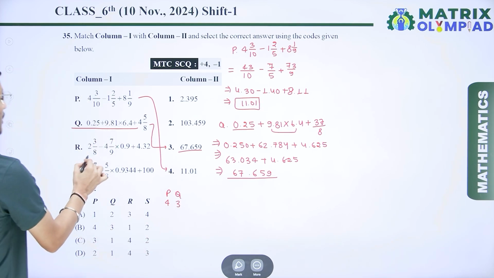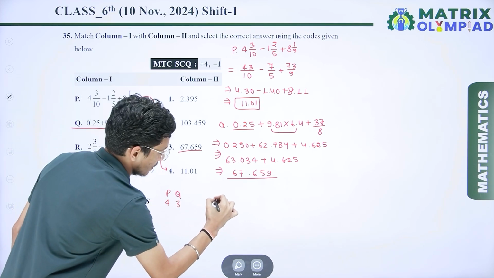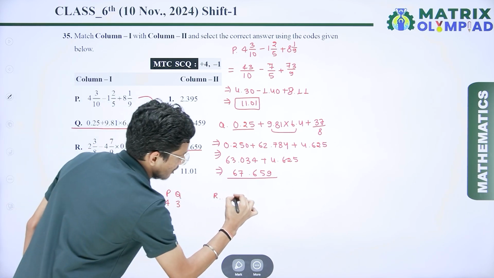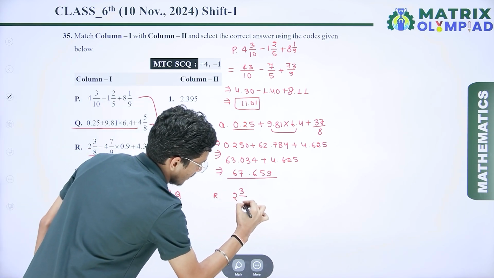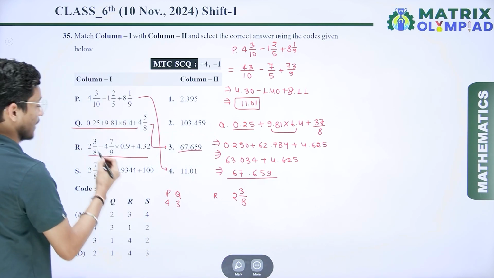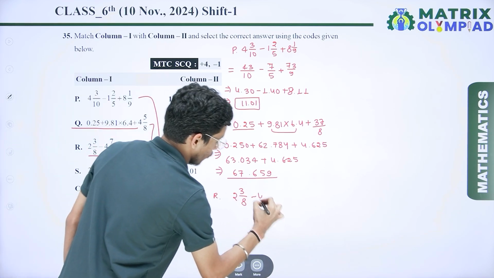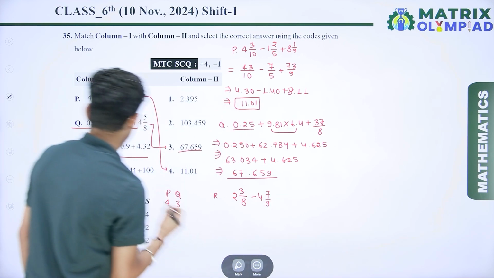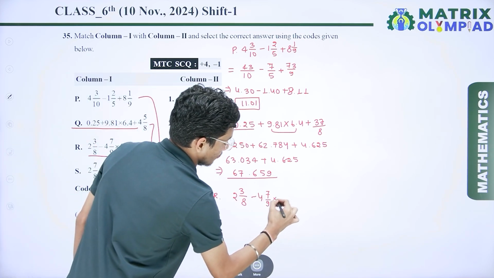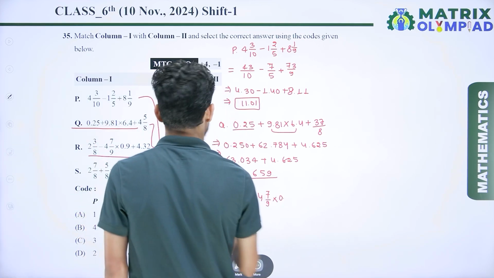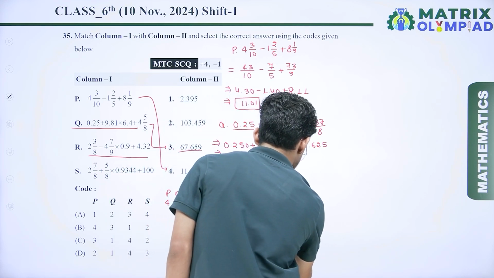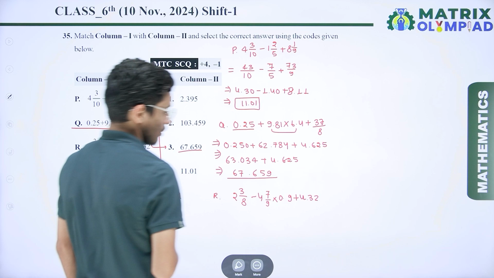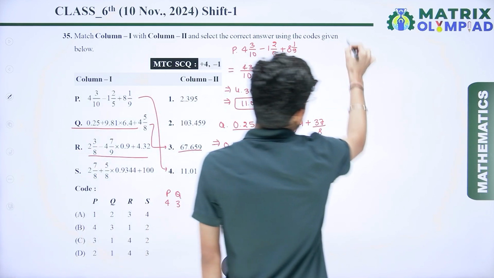So now if I talk about R, we have given here 2 and 3/8 minus 4 and 7/9 multiplied by 0.9 plus 4.32. So first we have to simplify this one.